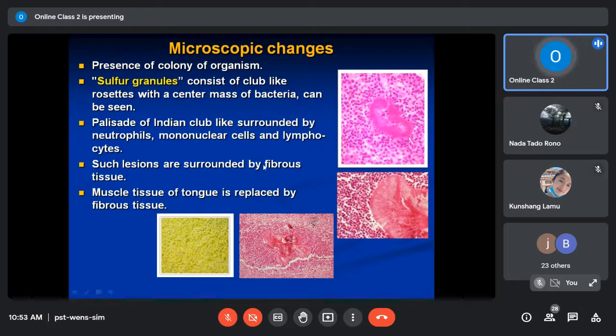Finally, such lesions used to be surrounded by fibrous connective tissue, so it may give a little hard and firm nodular lesion grossly, and the muscle tissue of the tongue used to be replaced by fibrous connective tissue. That's why the muscle is very hard, just like wood. That's why we call it wooden tongue, right?